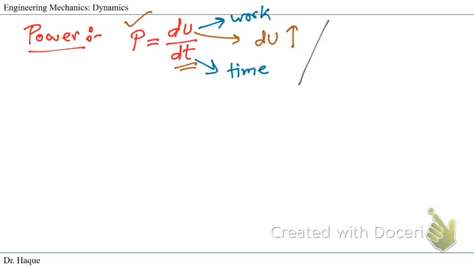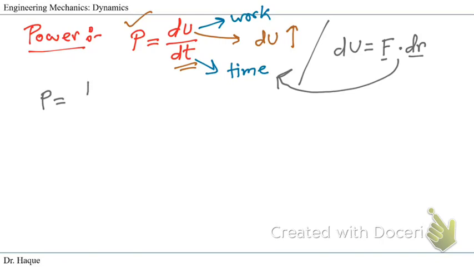From our previous class, we derived that dU can be represented as the dot product of force and displacement dr. If we plug that value back into this equation, we have P equals F vector dot product with dr over dt.